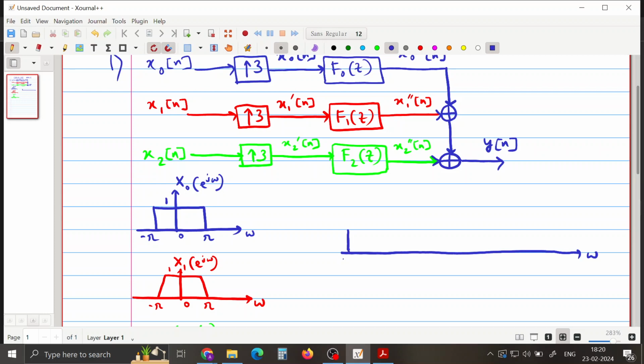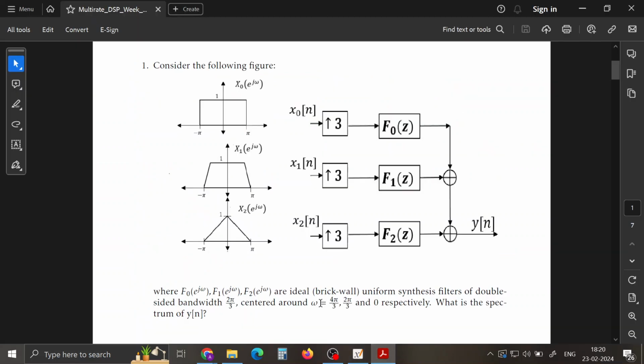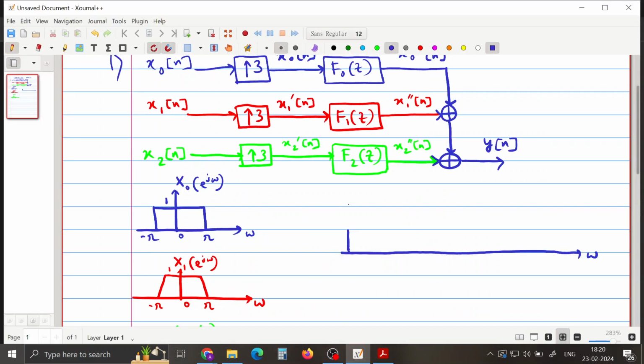As per the question, f2 is centered at omega equals 0, and it has a bandwidth of 2 pi by 3. So it would look something like this. This is from minus pi by 3 to pi by 3, because it is centered at omega equals 0 and it has a bandwidth of 2 pi by 3.